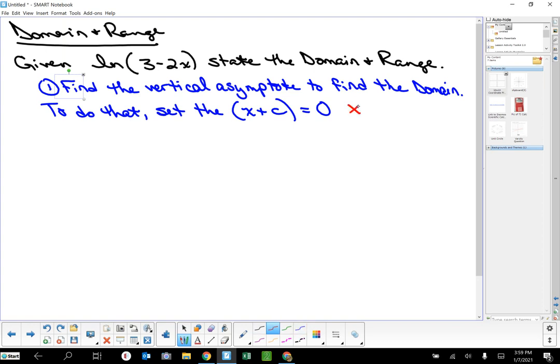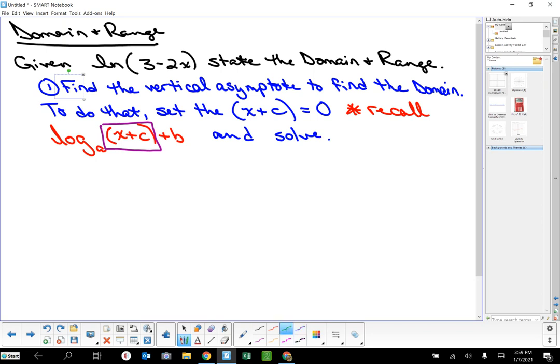Now, recall that you're working with the log base a of x plus c, plus b. So what we're talking about is the part in parentheses getting set equal to 0, in order to find that thing. So we're going to set that equal to 0 and solve.